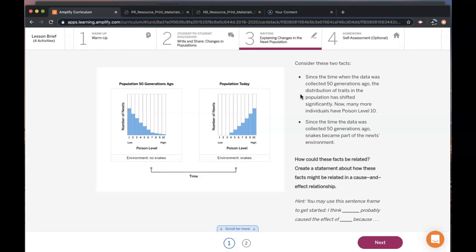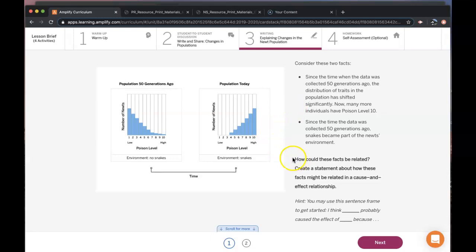Now, many more individuals have poison level 10, whereas there was barely any 50 generations before. Since the time the data was collected 50 generations ago, snakes became part of the newt's environment.